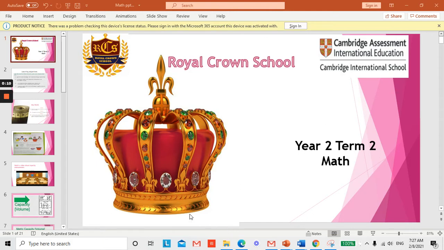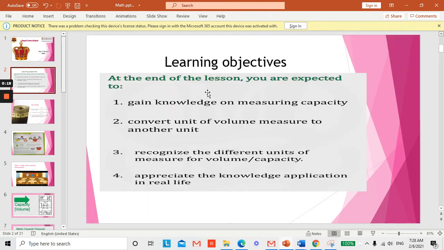Let's start looking at our learning objective. At the end of the lesson, you are expected to, number 1, gain knowledge on measuring capacity. Number 2, convert a unit of volume measured to another unit.